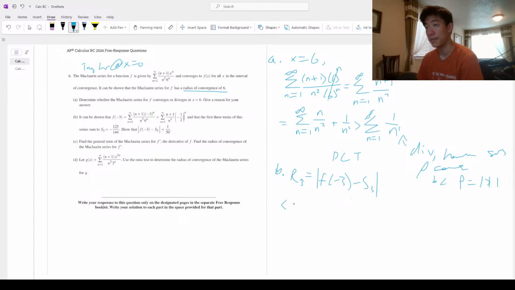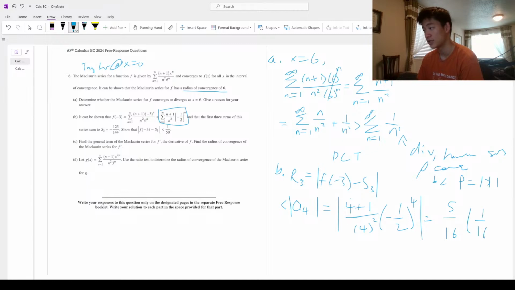less than a sub 4, less than the next term, which equals the absolute value of 4 plus 1. You're just plugging 4 into this part over here. 4 plus 1 over 4 squared times -1/2 to the 4th absolute value, so we can drop the negative, which equals 5 over 16 times 2 to the 4th is 16, so 1 over 16.